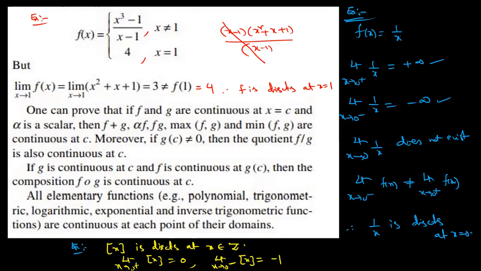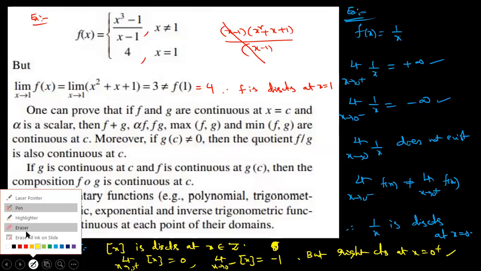Minus 1 is coming. But it is right continuous at x equal to 0. Why? Because f of 0 is equal to 0 and limit as x tends to 0 plus is also 0. So these same models, you can say, right continuous at x equal to 0. Okay, now the integral part of x is what here? Discontinuous. So please write on this one.